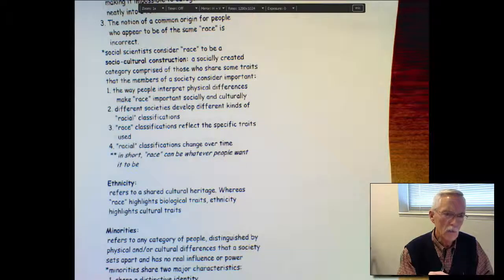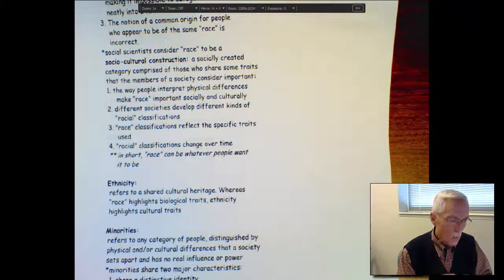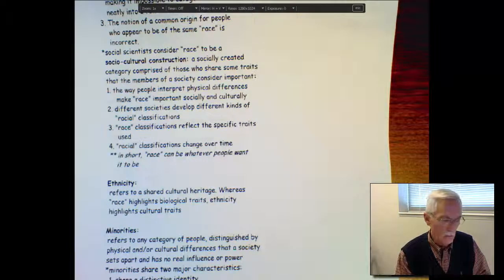Yet a very darkly complected Brazilian who is quite wealthy, who flies to the United States and decides to live here, is most likely going to be viewed by the majority of Americans as black or as African American. So bear in mind again, it's the way people interpret physical differences that make race so important socially and culturally.